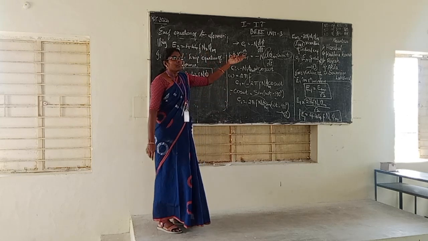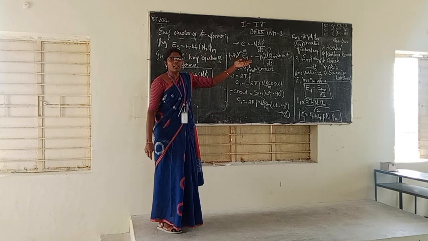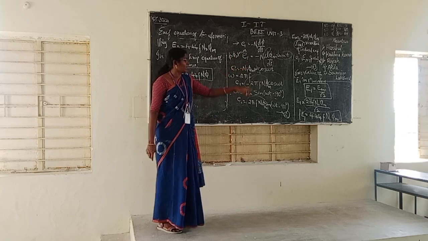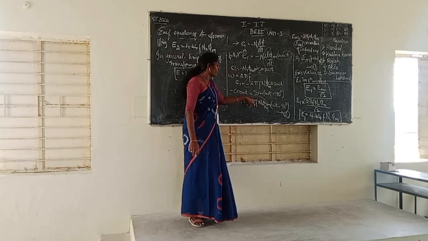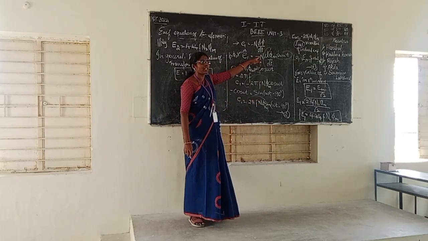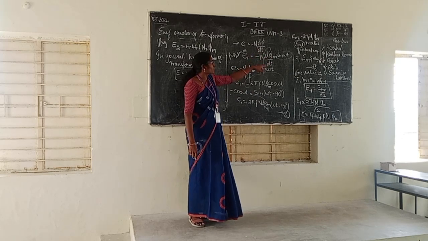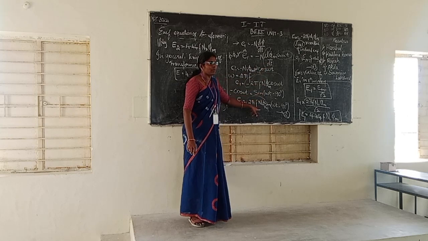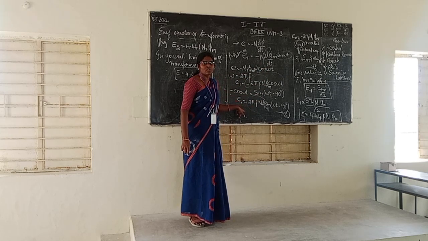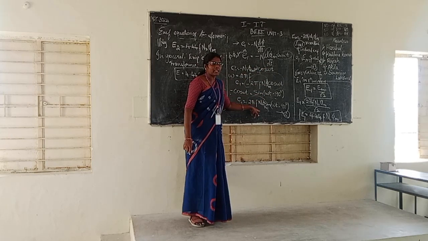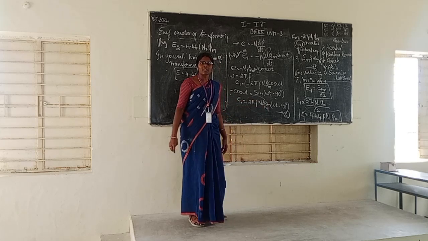Later we matched it with the maximum value of the induced EMF, that is EM1. These constants, 2 pi f into n1 phi m, are replaced with the maximum value of the induced EMF EM1. Next we substituted E1 over here, that is the small induced EMF E1 is equal to capital EM1 into sin of omega t minus 90 degree.